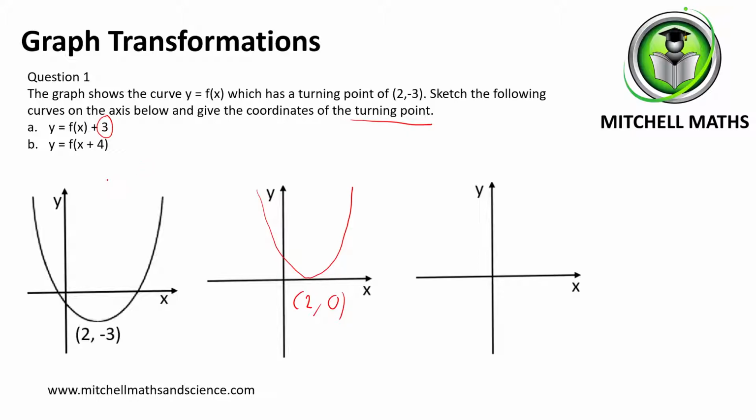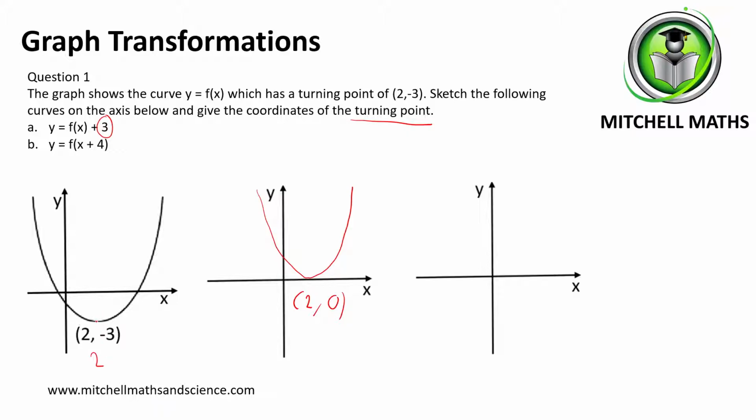Now, because it's in brackets, it's going to affect the x value. And what we need to think about is which way is it going to move? Is it going to move right in the positive x direction, or is it going to move left in the negative x direction? Well, if we think about it, if we're going to add 4 to all the x values, so for example, the x value here is 2.